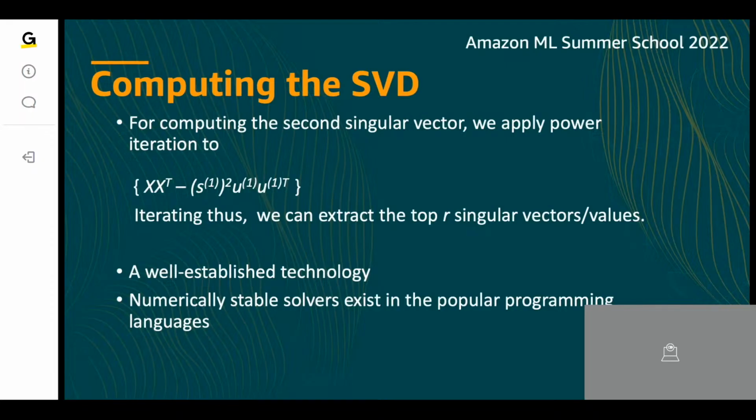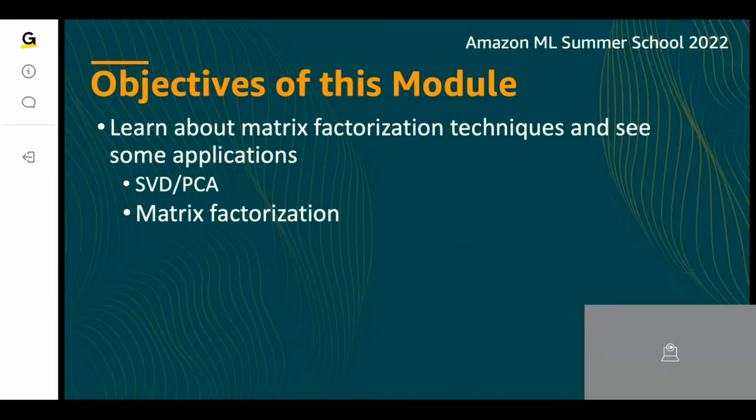And once you have this value, you compute the next version by realizing that the next eigenvector is perpendicular to this computation.